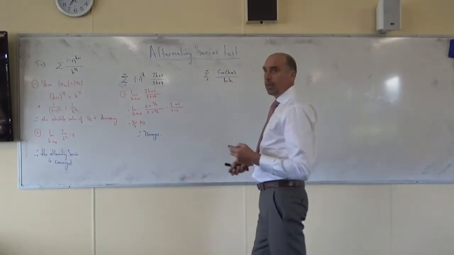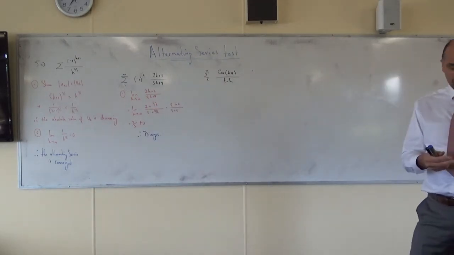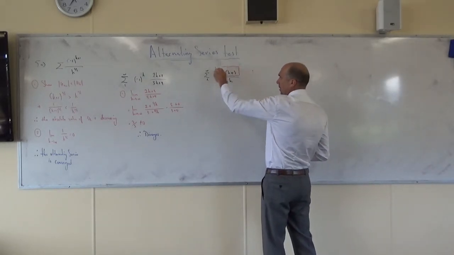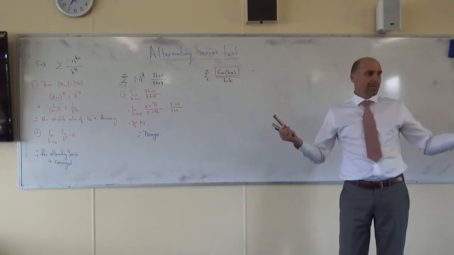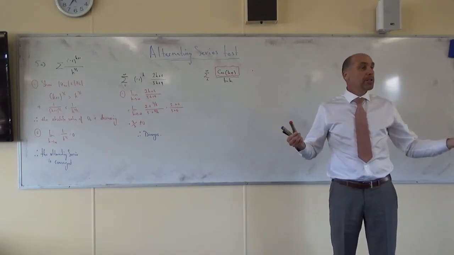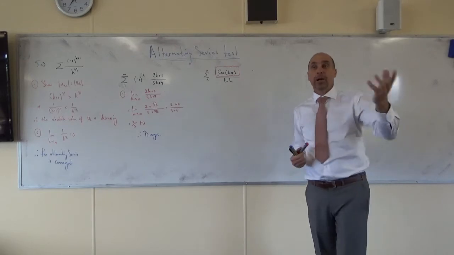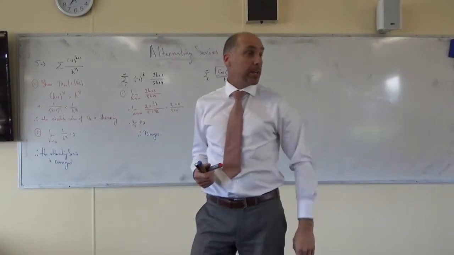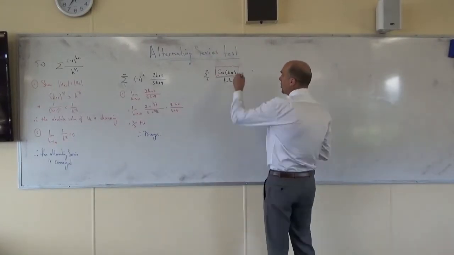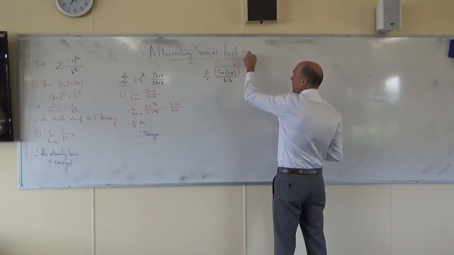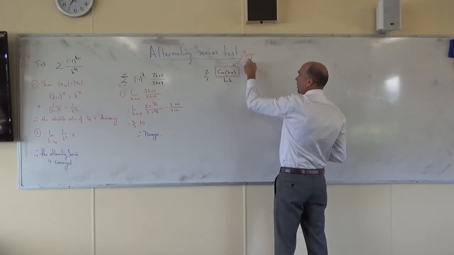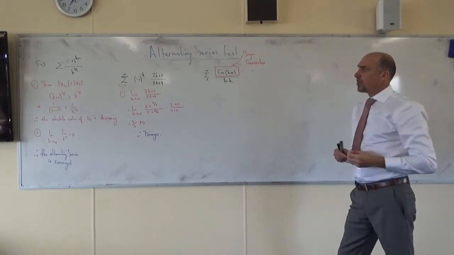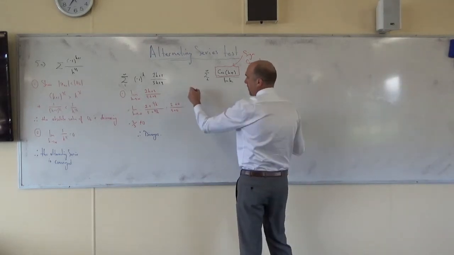How about this one? Aha! What does this bit here do, everyone? That's just my sine generator, isn't it? That's just generating the alternating series. So that's how I recognise, if this was a test, that that's an alternating series. Yay. So let's apply the first test. What's the first test?